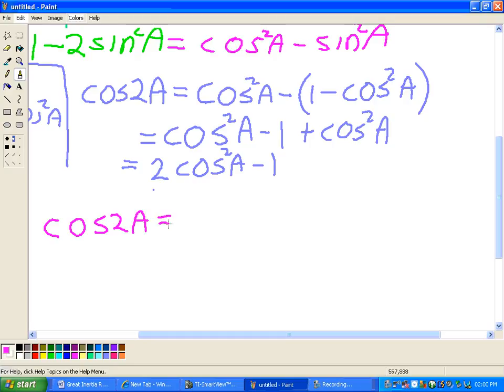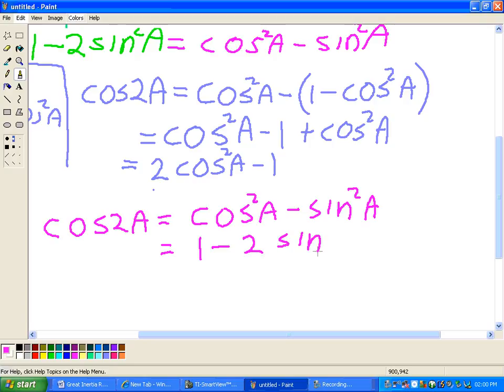He could be a cosine squared minus sine squared, and sometimes that's helpful, but most of the time it helps to know that he could be either 1 minus 2 sine squareds, and that way if they only give me sine, I can just plug it in.